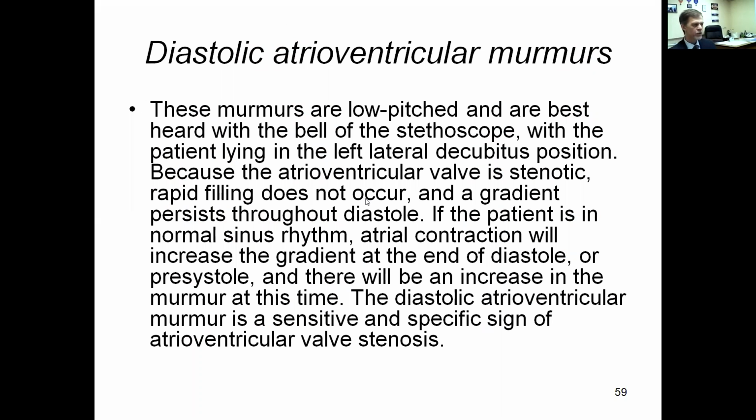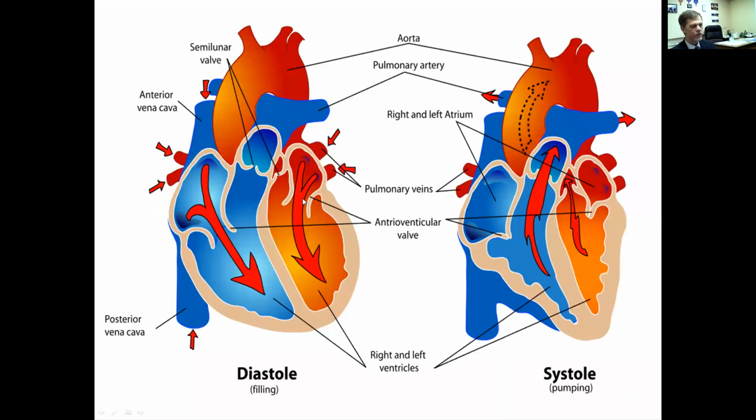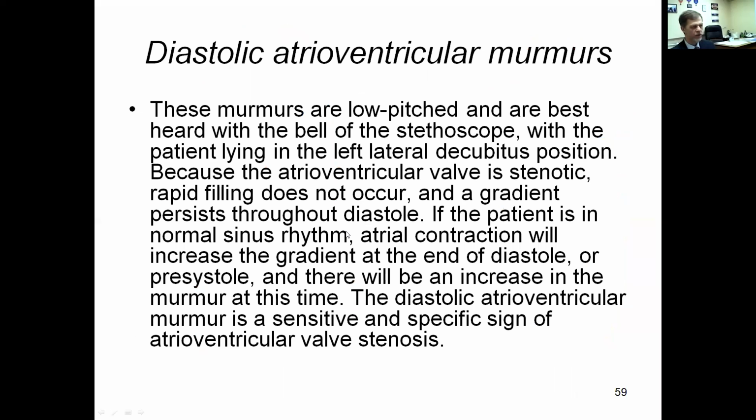The murmur is high-pitched, best heard with the bell of the stethoscope when the patient is lying in the left lateral decubitus position. So we talk about mitral stenosis and tricuspid stenosis, diastolic atrioventricular murmurs.